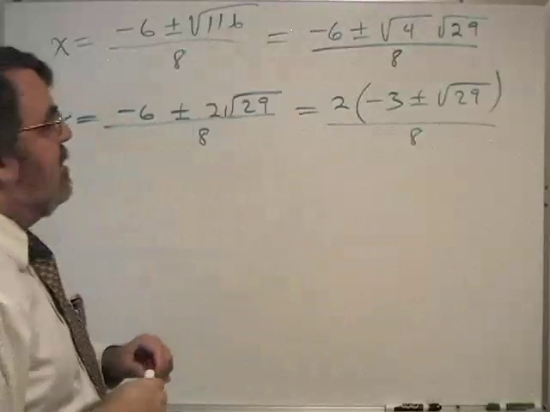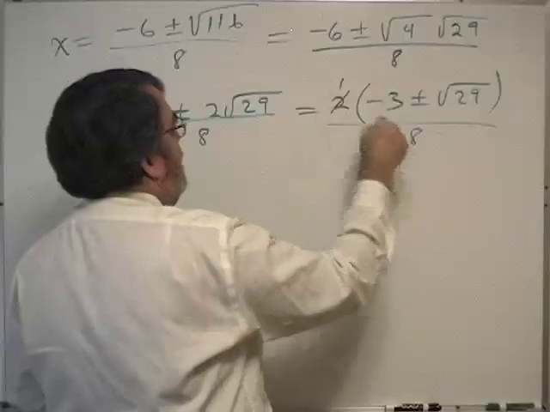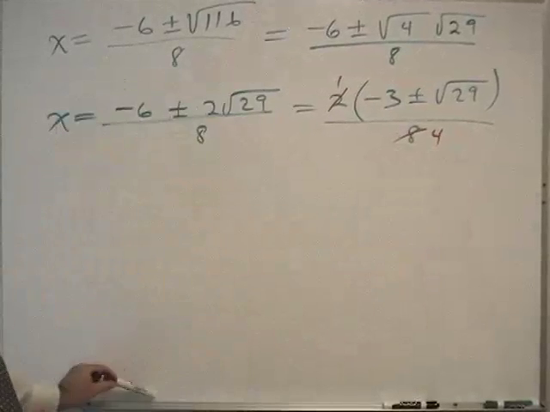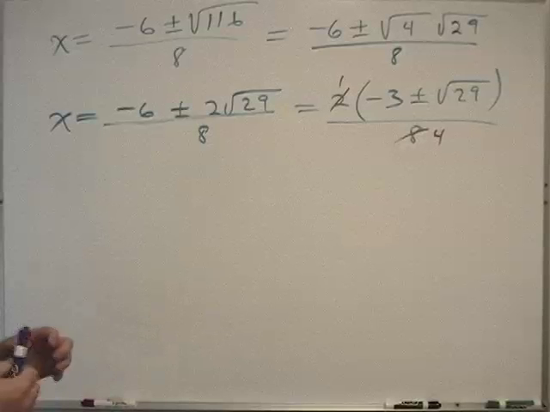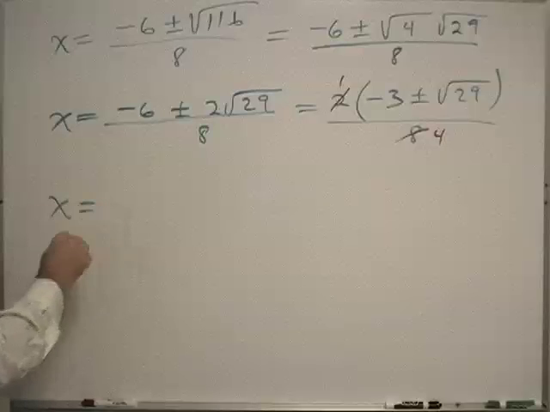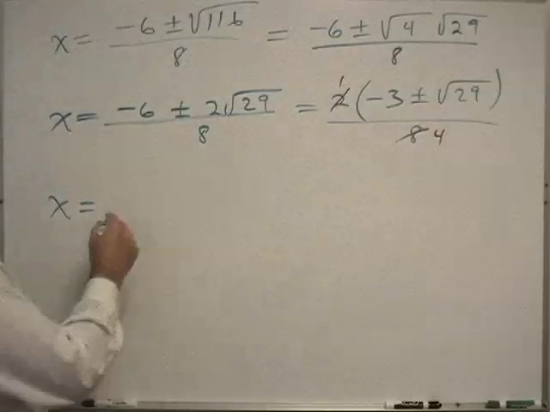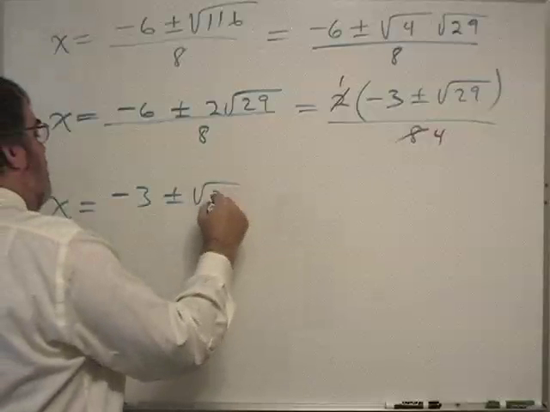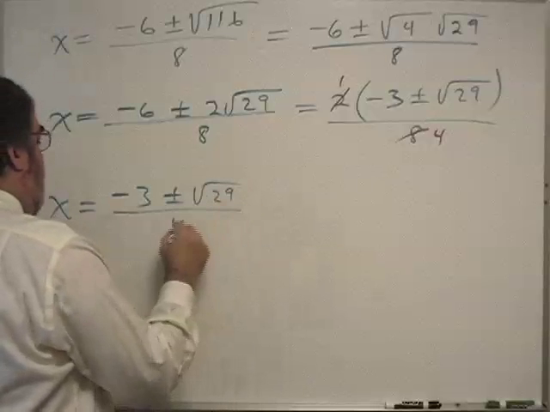And now we can cancel the 2 with the 8 down here. Since 2 is a factor, it will cancel off with the 8 down below. And we get our simplified form. This is the exact form of the answer: negative 3 plus or minus the square root of 29, divided by 4.